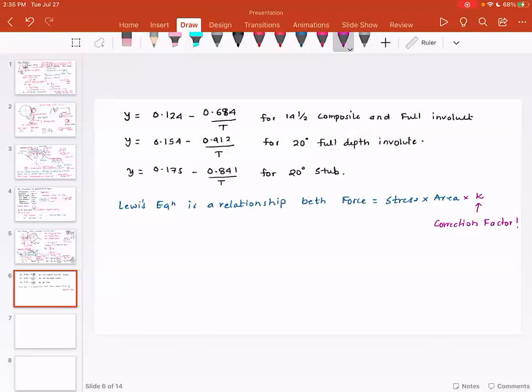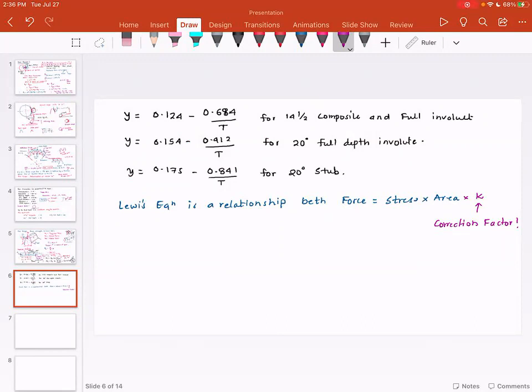And this correction factor is used because we are deriving this relationship based on some approximations. Maybe we are trying to find the stresses in the beam strength equation using the bending equation, where the cross section is assumed to be plane and uniform, but for the gear, it's not uniform.